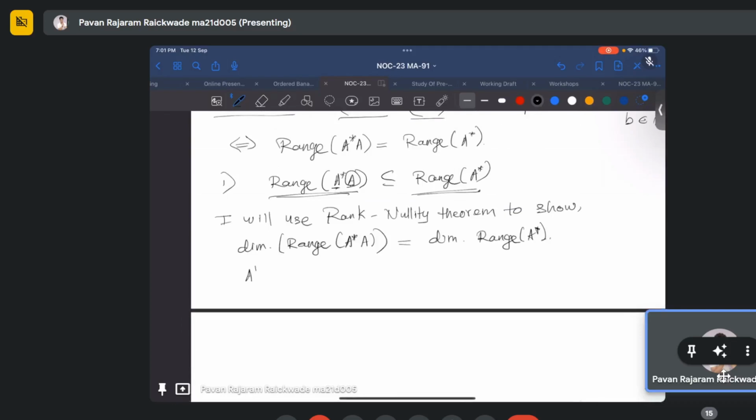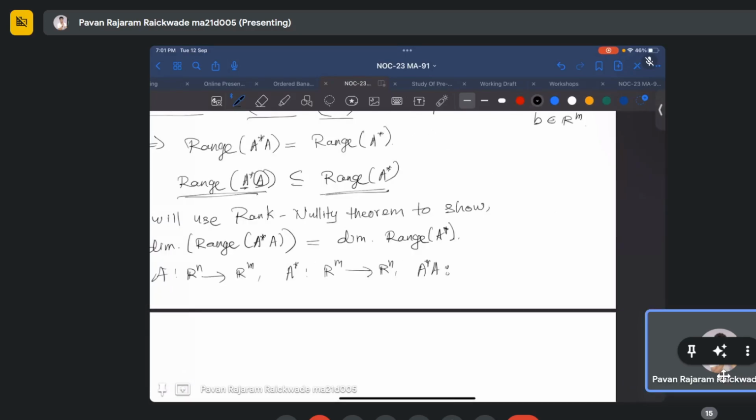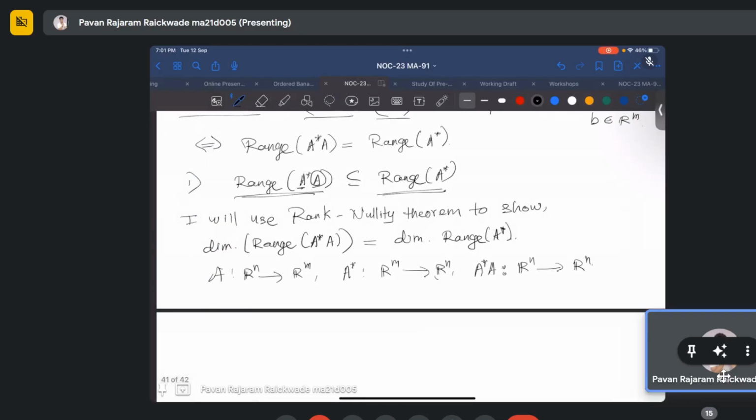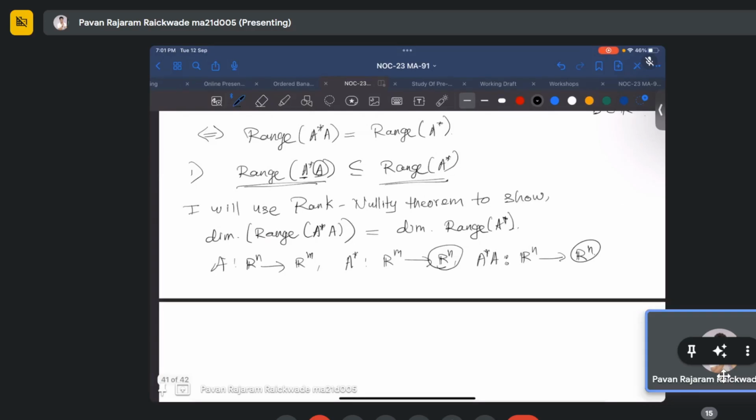First of all, A is a map from Rn to Rm. A star will be a map from Rm to Rn, and A star A will be a map from Rn to Rn. So this makes sense. The range of A star is in Rn and A star A is also in Rn, so everything is in the same codomain.